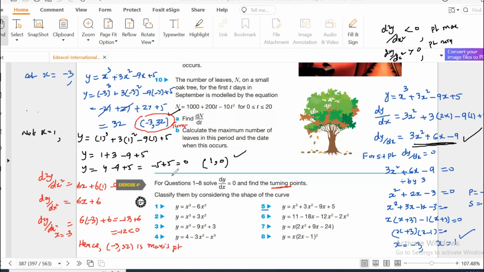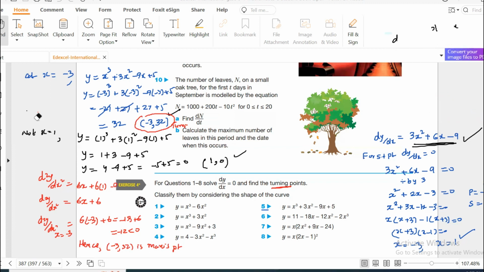And we can check at x is equal to 1 also, okay? I don't have place to solve, so I'm checking here. See, if I check at x is equal to 1, we already know what the second derivative is: d squared y over dx squared.